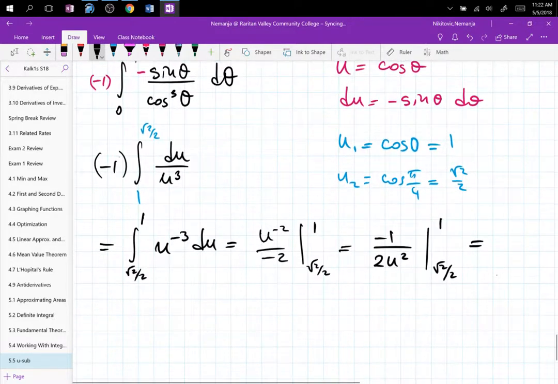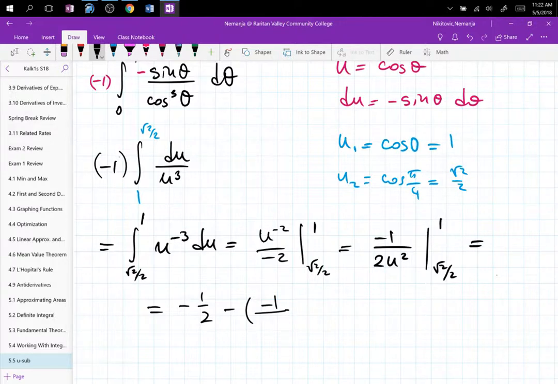And now we just compute. When I plug in upper limit 1, I get -1/2 minus -1 over 2 times square root of 2 over 2, squared. So this better work out nicely, right?